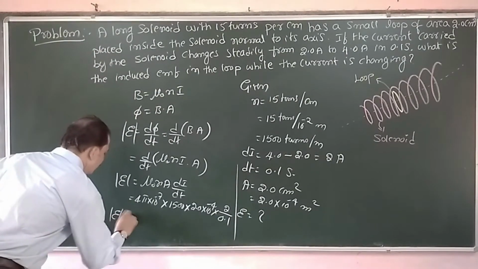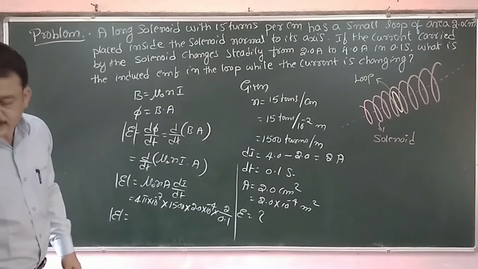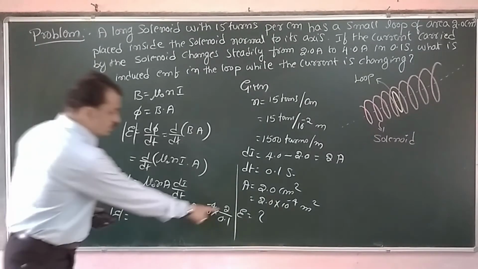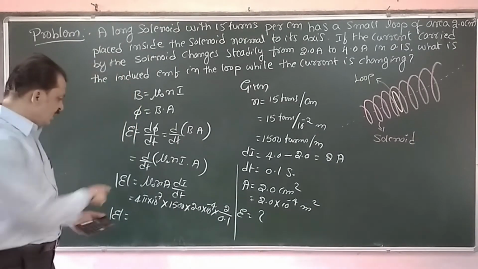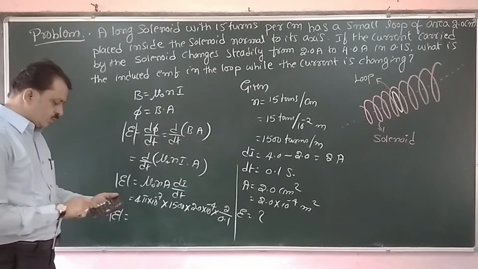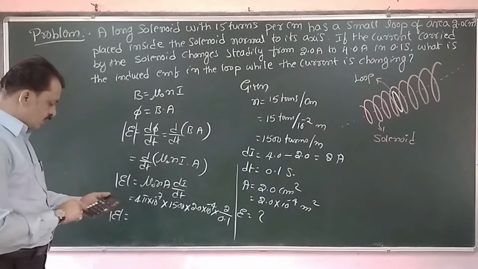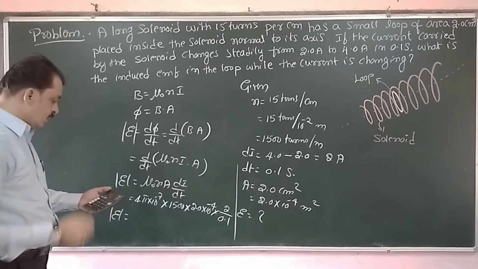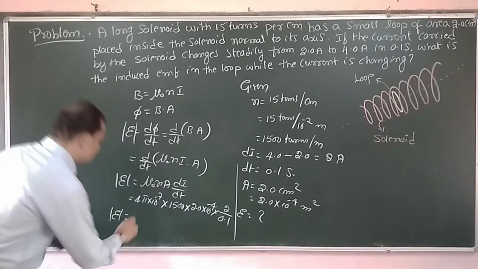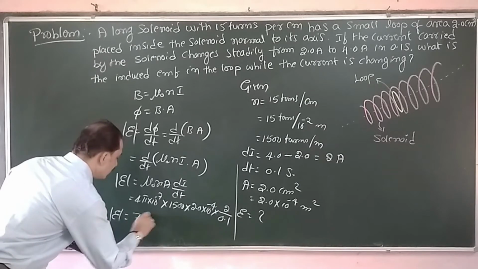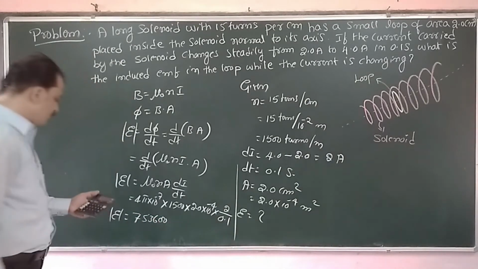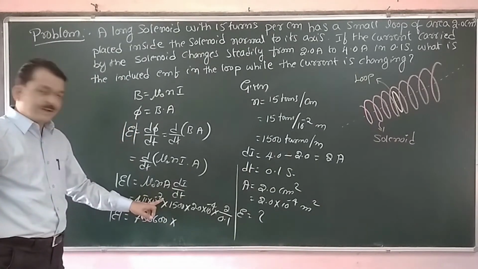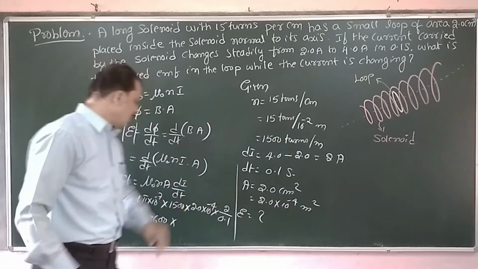Therefore induced EMF, now if I calculate that with the help of a calculator, 2 by 0.1 becomes 20, therefore it is 4 into 3.14 into 1500 into 2 into 20, which is equal to 753,600 into, I will adjust the powers, 10⁻⁷, 10⁻⁴.